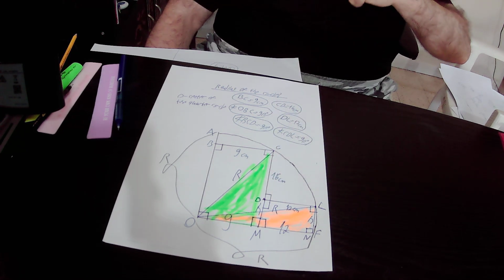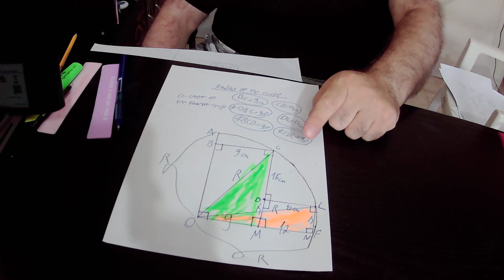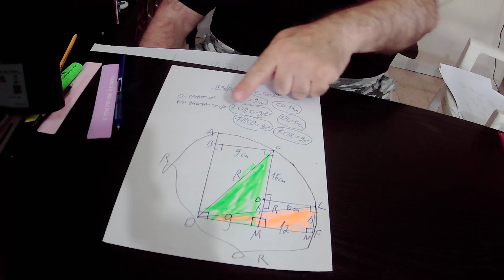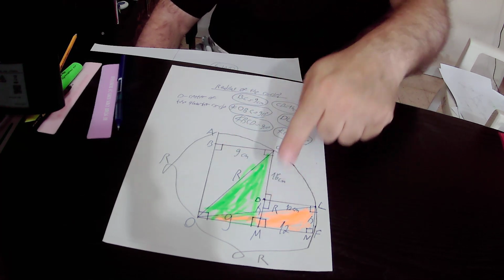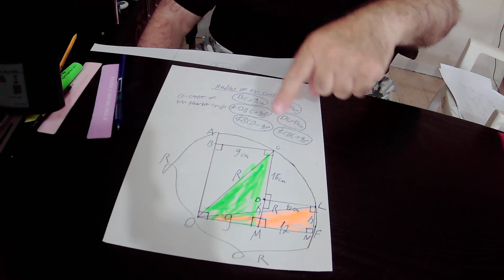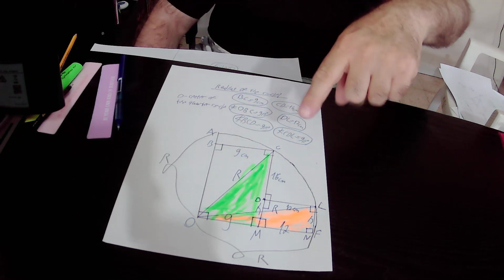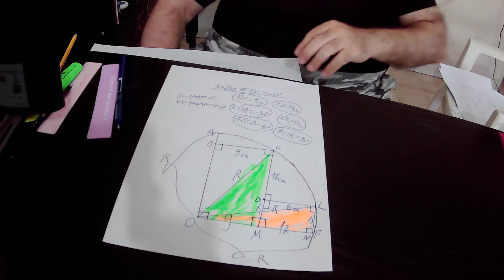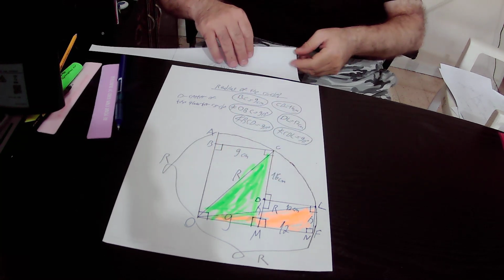By doing this construction, we created quadrilateral BCOM, and inside quadrilateral BCOM we have 3 right angles.